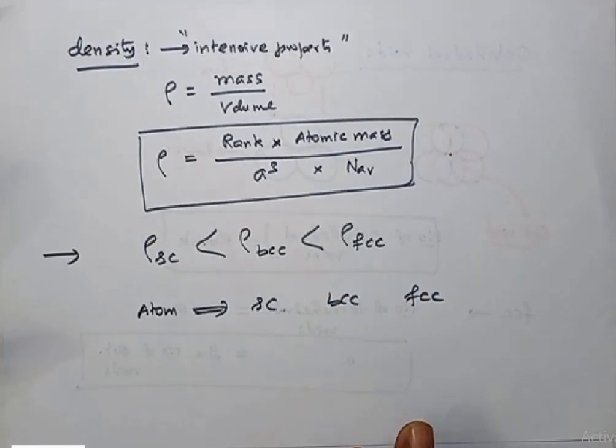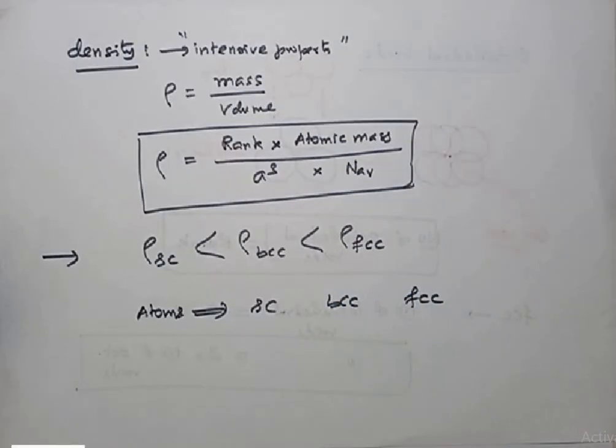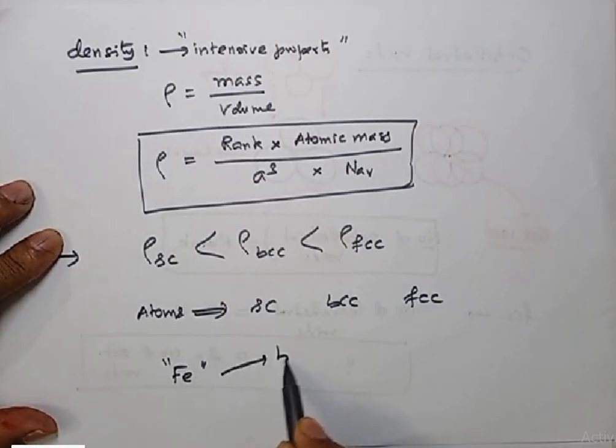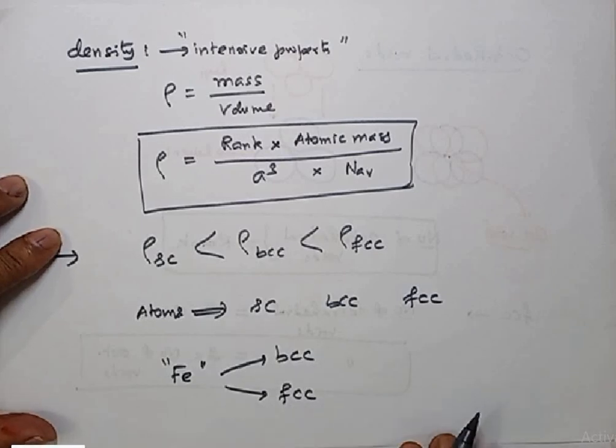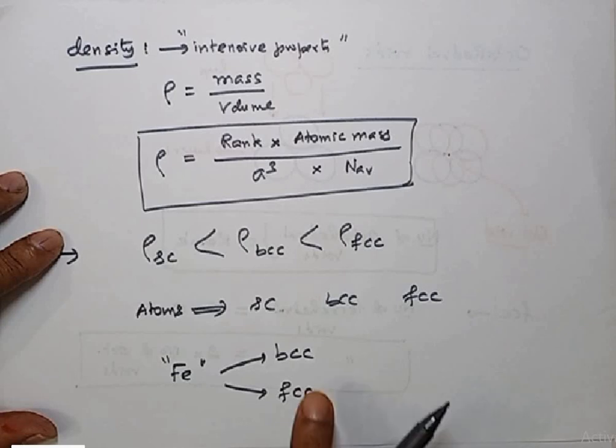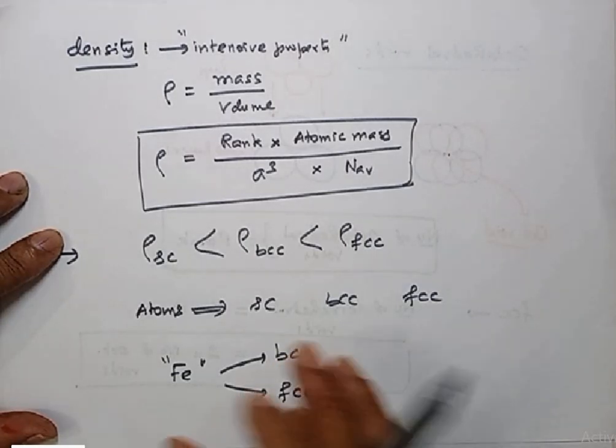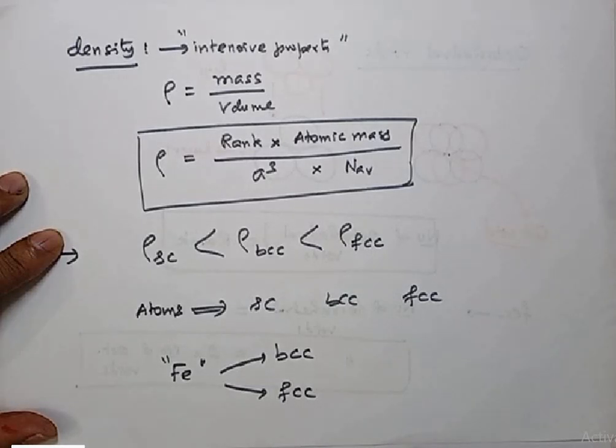Take note. Iron atoms can form BCC as well as FCC under different temperatures. In BCC, iron atoms form BCC, and in FCC also, iron atoms occupy the lattice points.